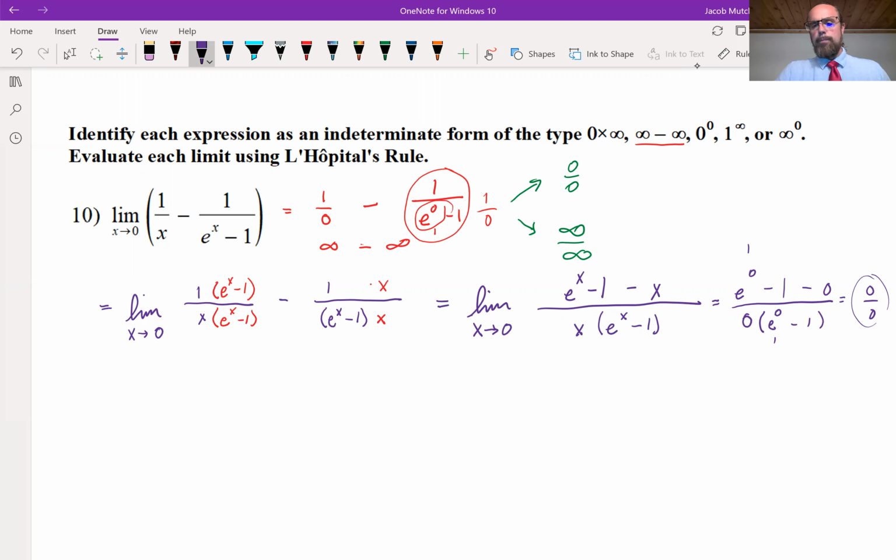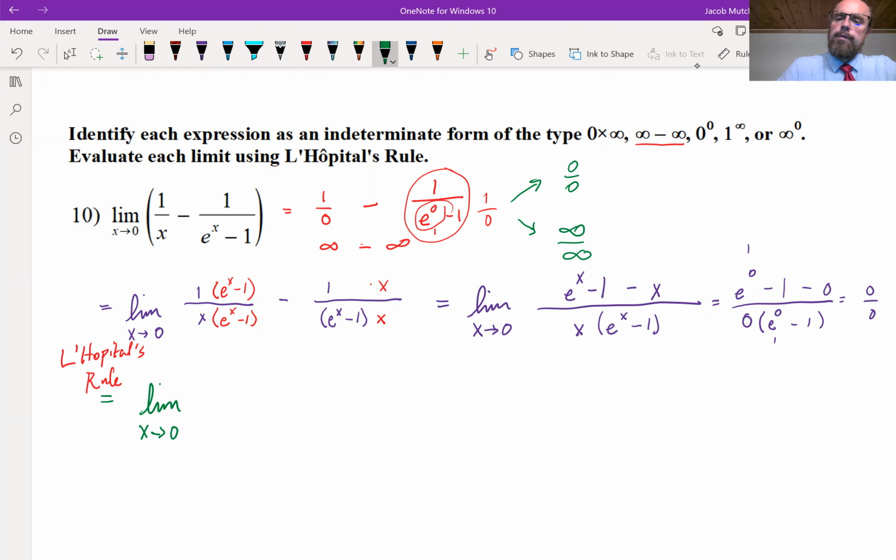I can apply L'Hopital's rule. So let's do that. As I record this now, again, I always announce I'm going to use L'Hopital's rule by writing it over the equal sign as it's occurring. So L'Hopital's rule, and so this is equivalent to the limit as x approaches 0.